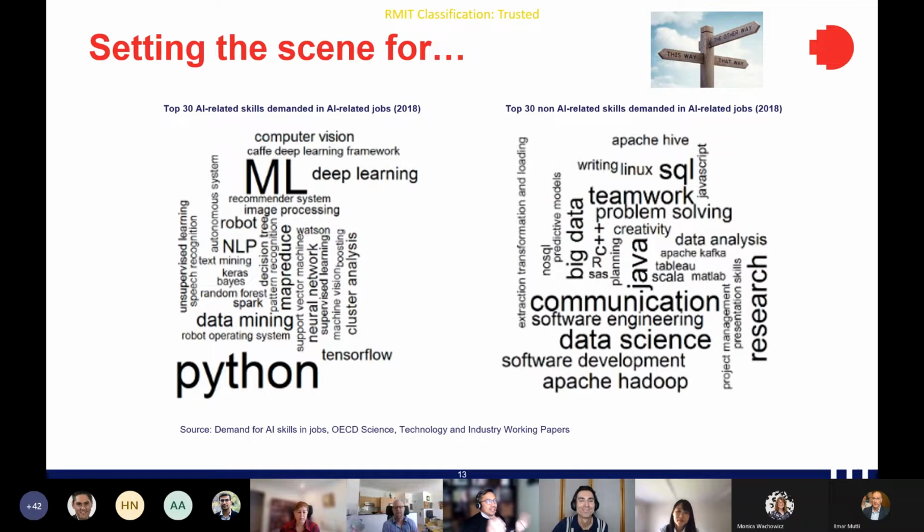This shows on the left AI-related skills in a web scrape of AI jobs posted on job portals, and on the right shows non-AI related skills in those same AI related jobs. So it's a very interesting view of AI skills and non-AI related skills, all within the realm or perspective of AI jobs, right?